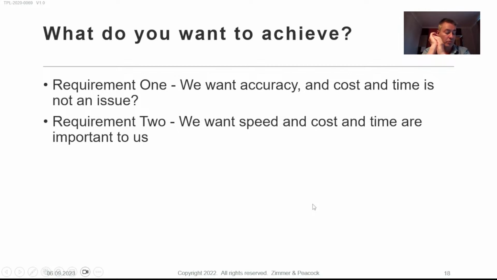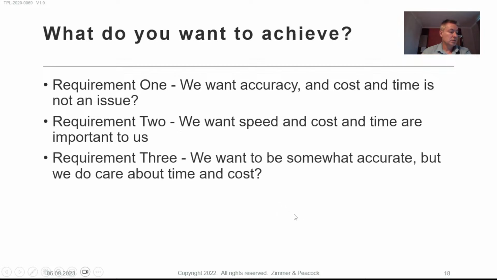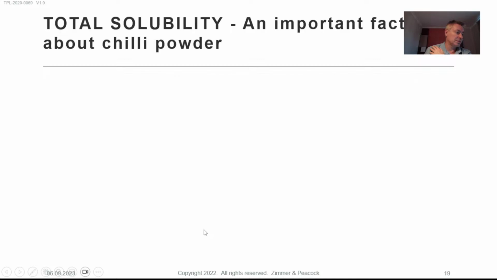When you look at food sensors, actually it's speed. So you want speed, and cost and time are not so important. Or do you want to be somewhat accurate and you do care about time and cost? An SOP really reflects what you actually want to achieve out of that instrument.